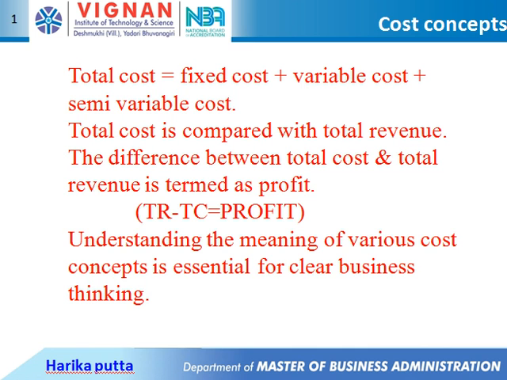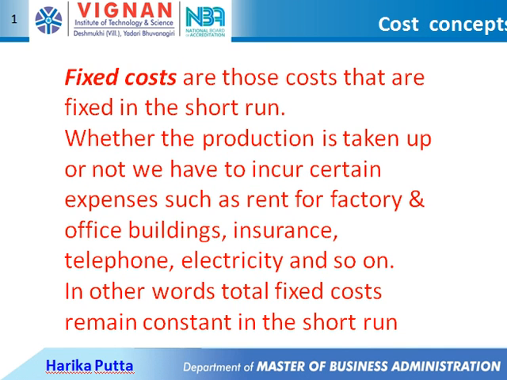It is a semi-fixed cost. At a slab, the rate will be fixed to some extent, and again it will change when you go to the next slab, like your electricity bill. So, what is total cost? It is fixed cost plus variable cost plus semi-variable cost.